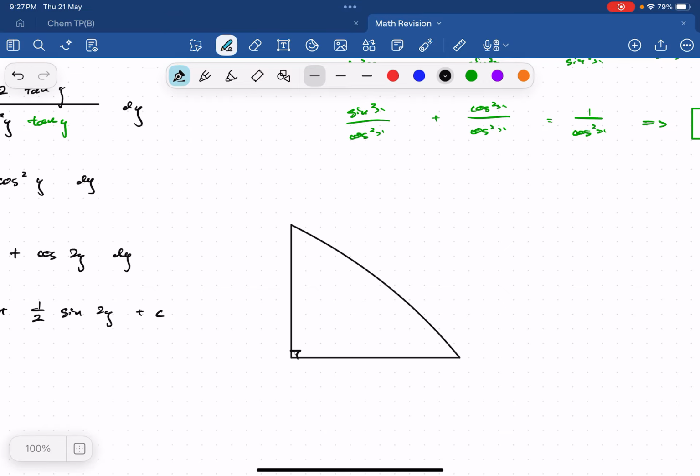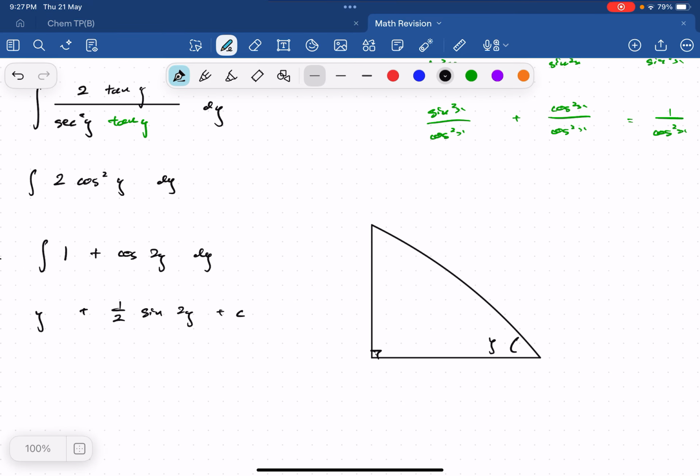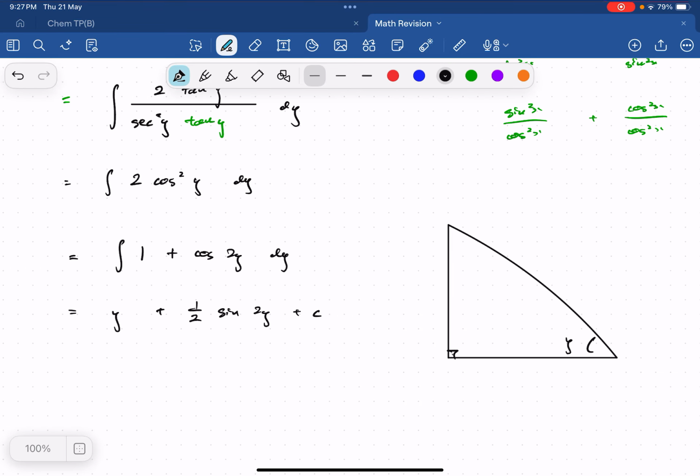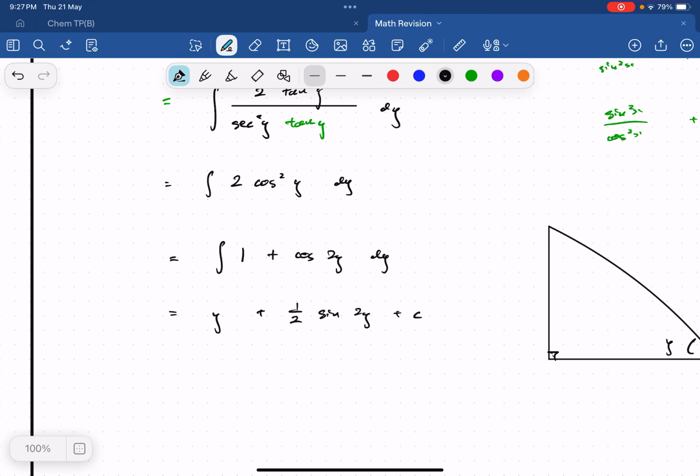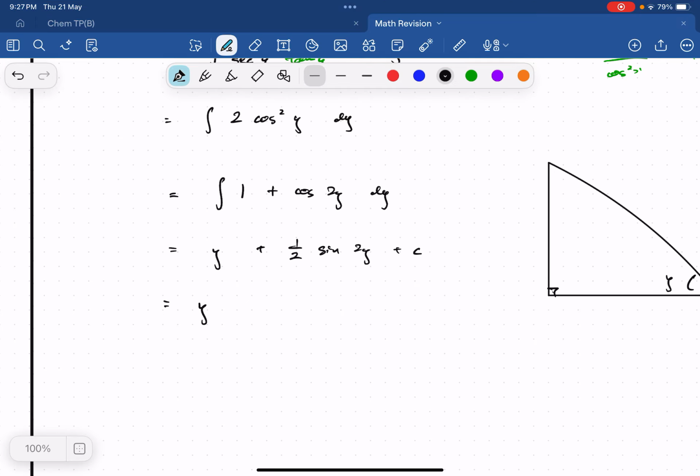Basically, if I have this particular angle, y, then by the trick that we learned in Sec 2, cosine is adjacent over hypotenuse. So we are going to simplify this, and we see that this is going to be equal to, by the double angle formula once again, which is in your MF27, sine 2y, this is going to become sine y cos y. Okay?